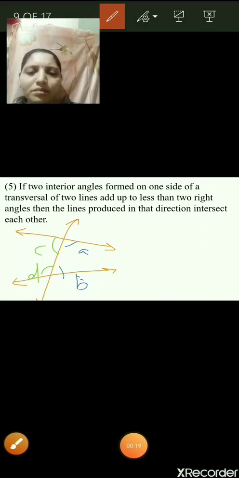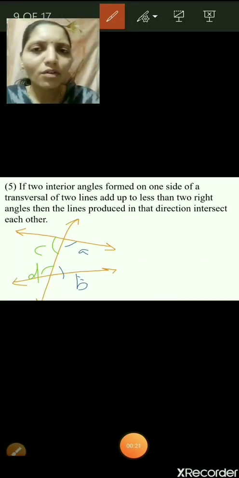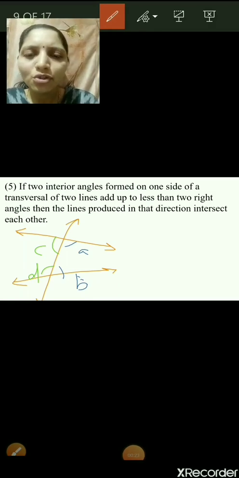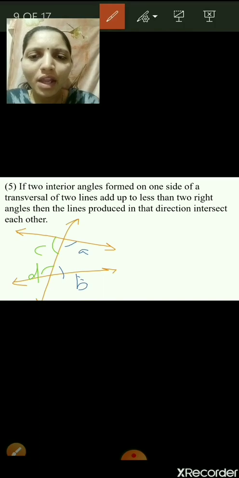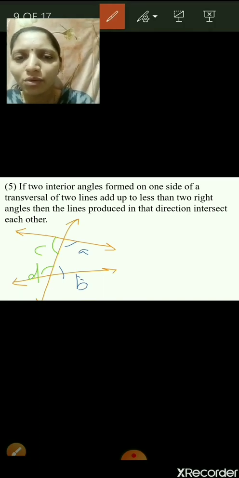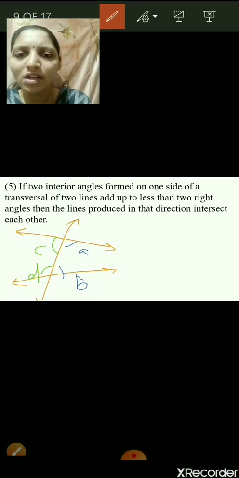Let's find out. Here I have drawn two straight lines and one transversal. Now here you have to consider interior angles. You can see that on both sides of this transversal we can have two interior angles.